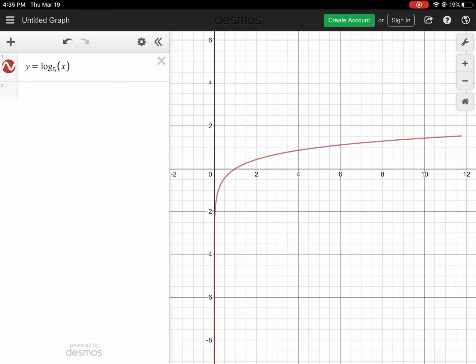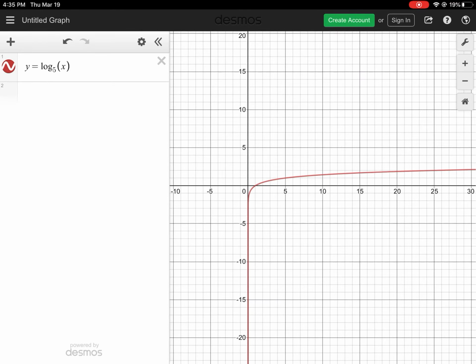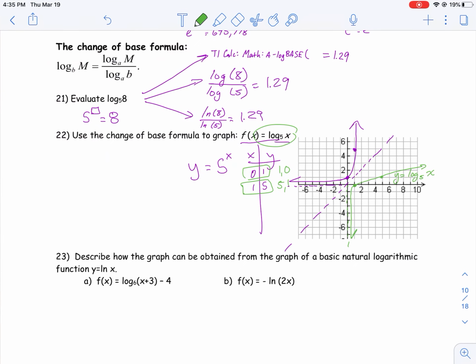And you can see we have this similar graph. You see we have the x-intercept of 1, 0 here. We have the point 5, 1. And it looks similar to my graph here that I have with the green.